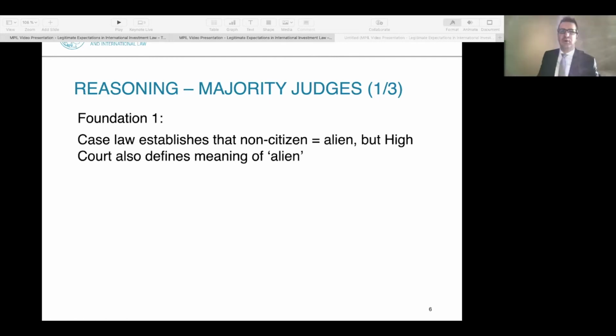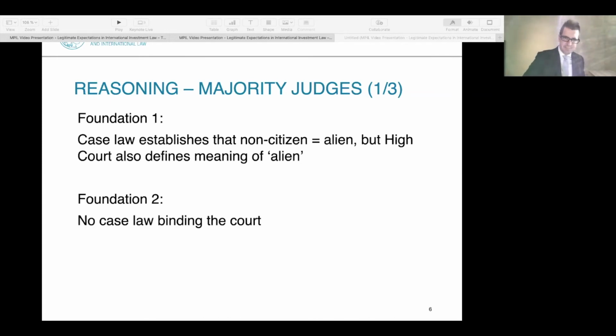But, and this is the important part, the High Court also has a role in defining the word alien, which is very similar to what the minority judges said, but there's a difference in emphasis here. The minority judges were saying that we are going to supervise the Parliament. The majority judges are saying we also have a role in defining the word alien.